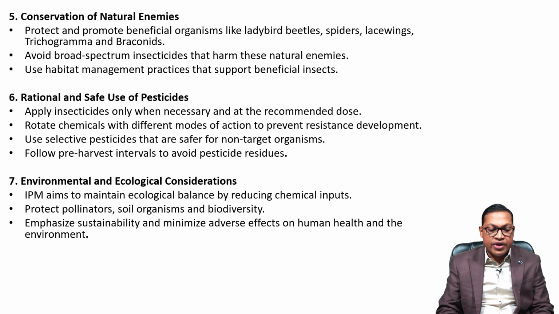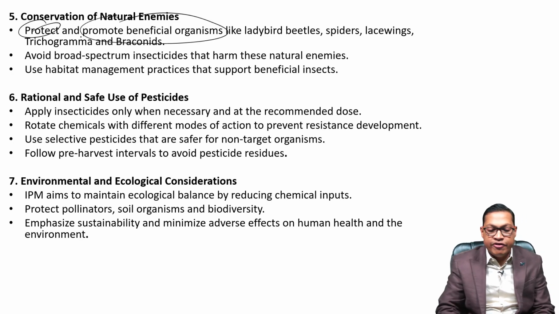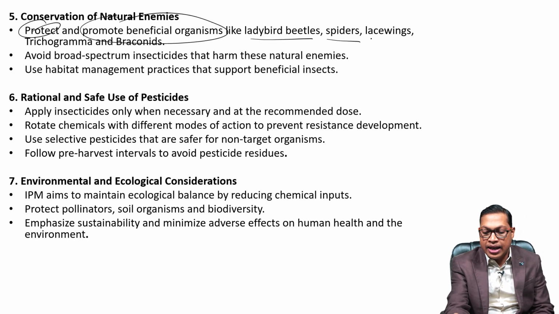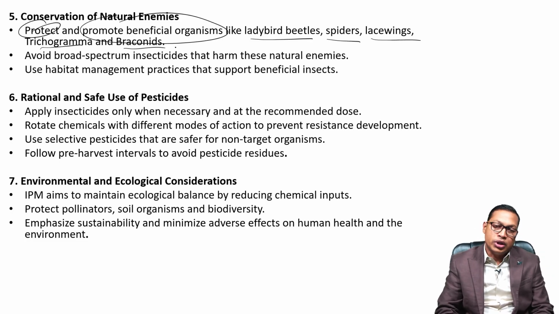Next, conservation of natural enemies. We have to conserve and protect, as well as promote, the beneficial organisms like ladybird beetles, spiders, lacewings, trichogramma and braconids. These are our natural enemies which will feed on the insects or cause problems to insects, so their population can be minimized.